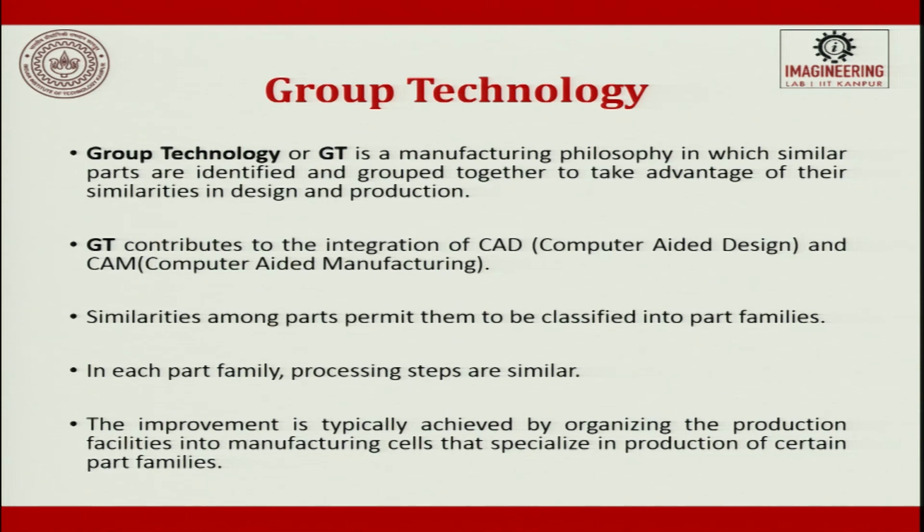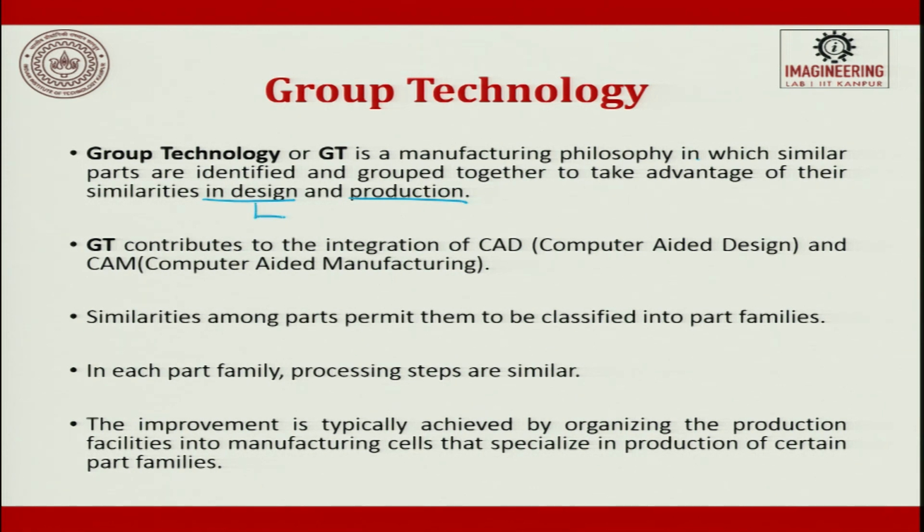So, what is group technology? Group technology, otherwise called GT, is a manufacturing philosophy in which similar parts are identified and grouped together to take advantage of their similarity in design and production.